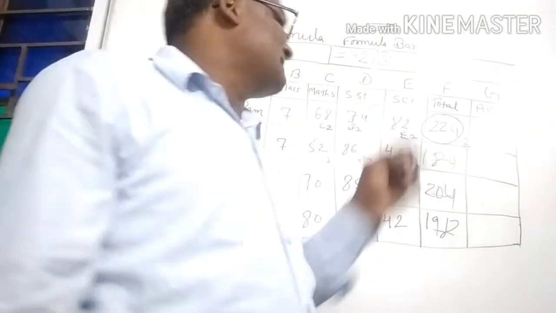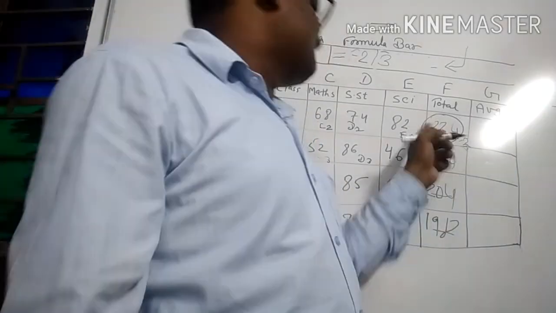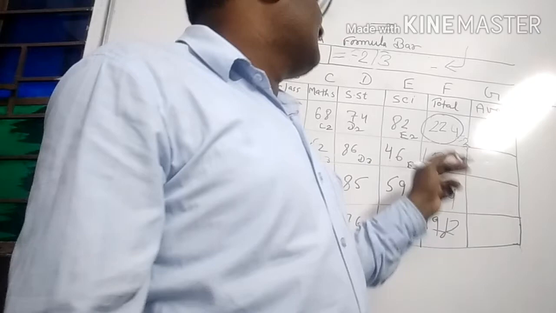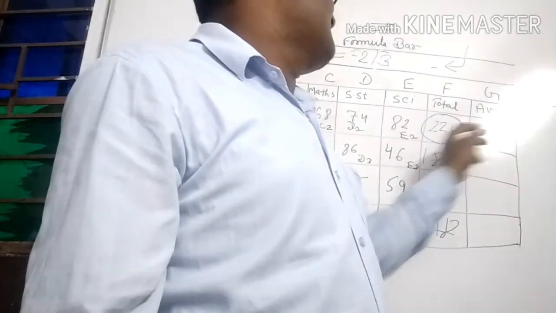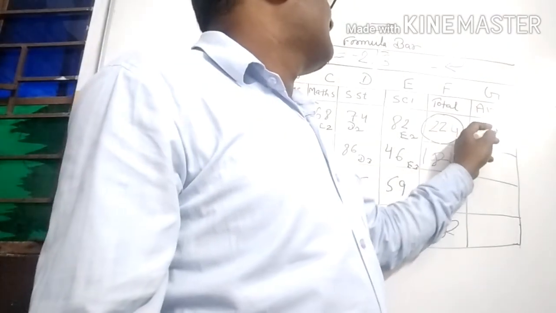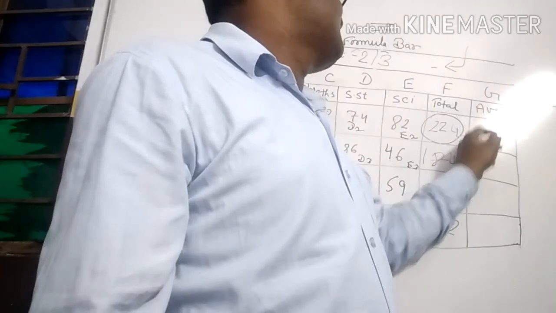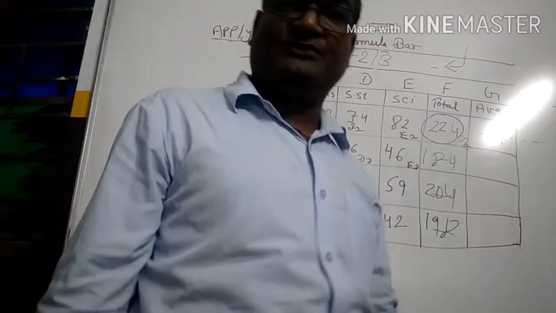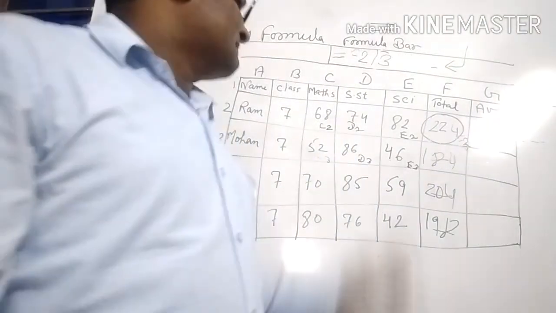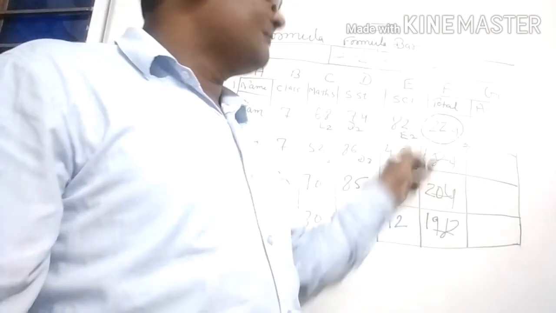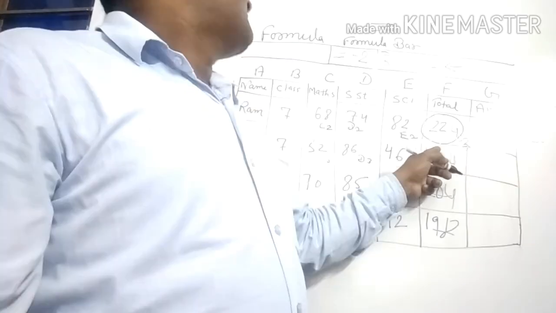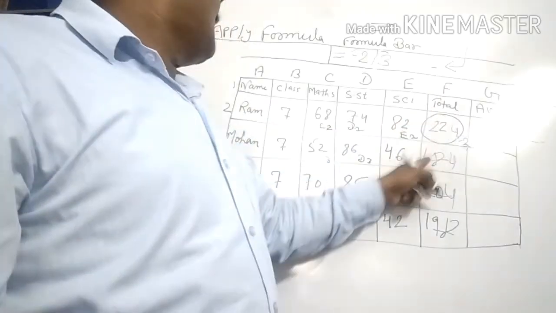As you press enter button, whatever the average, if we divide by 3, then we get 74 point something. Then what is the average of this number? This is F2, this is F3.